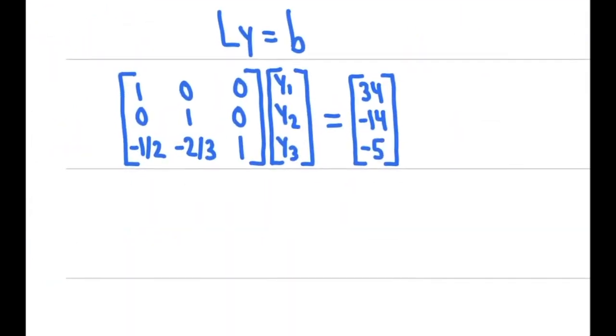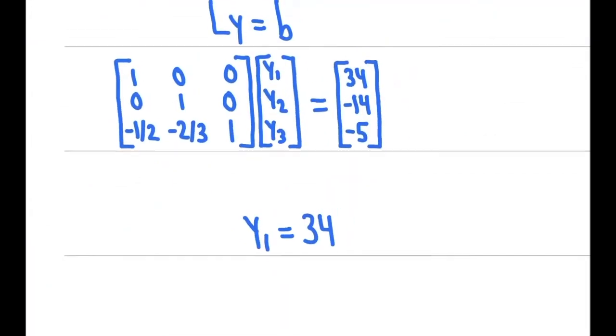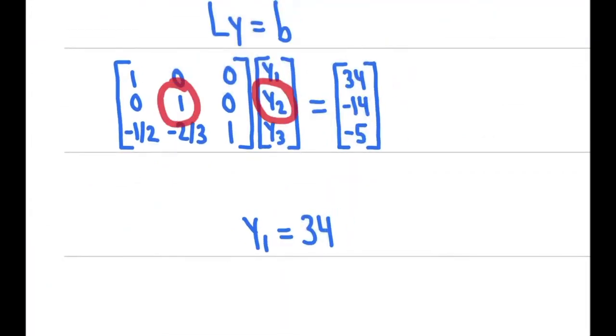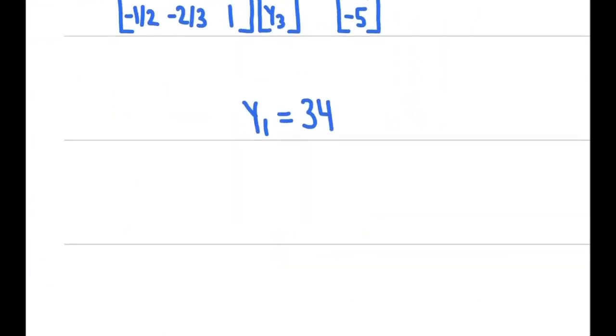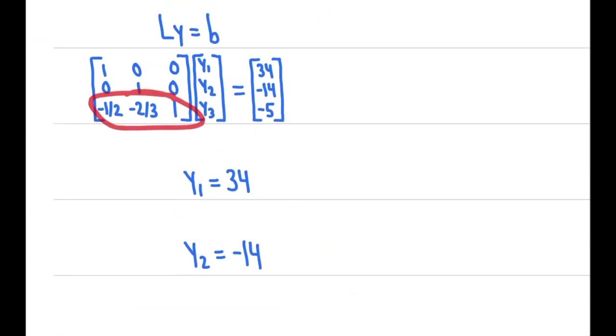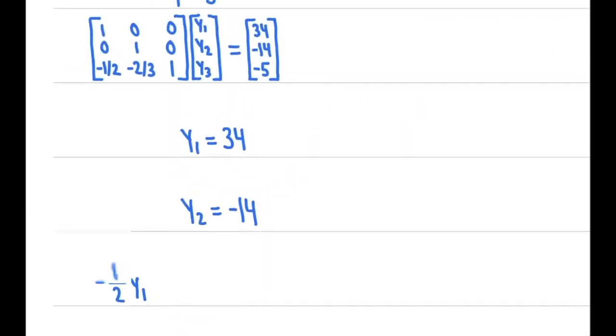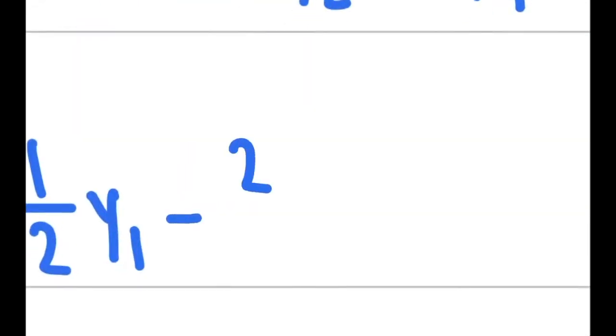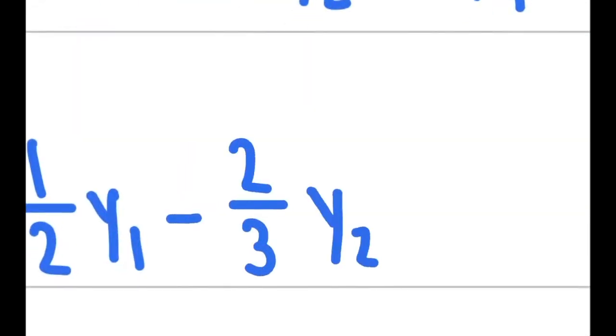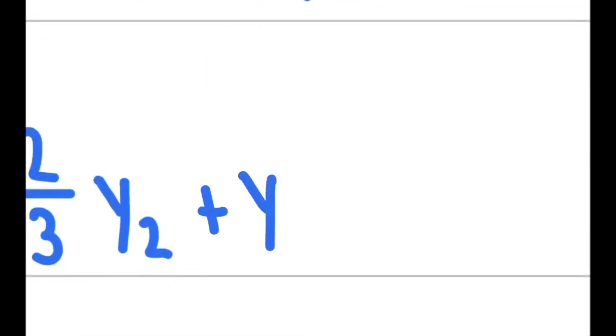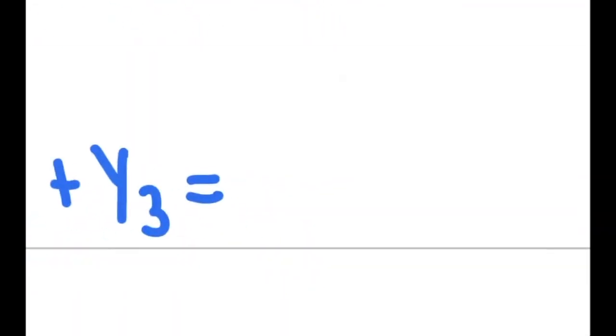Okay. So another baby system of equations. So we have 1y1 is 34. So that's just y1 equals 34. And then over here we have 1y2 is -14. So that's just y2 equals -14. And then over here we have -1/2 times y1 minus 2/3 y2 plus 1y3 equals -5.